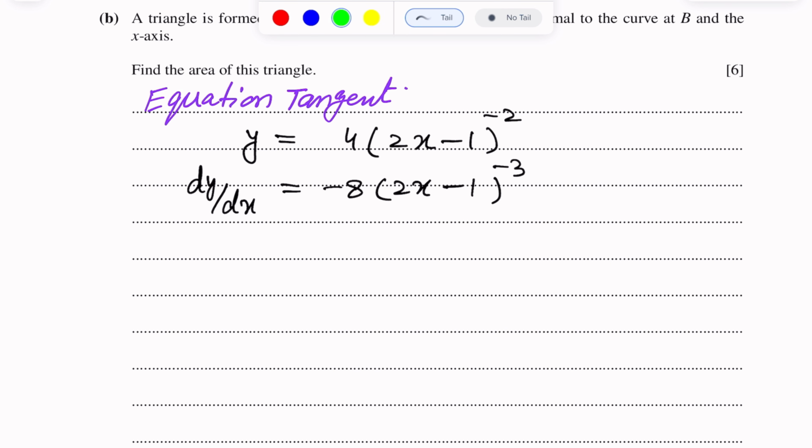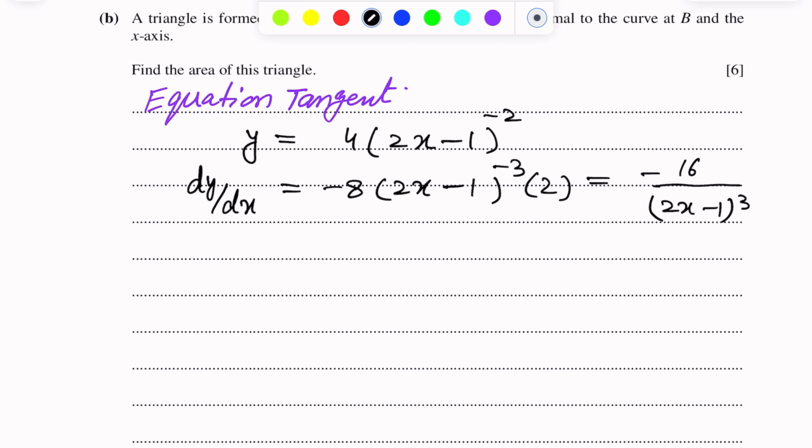Again we differentiate inside the bracket, that is 2, so we write here 2. So we get minus 16 over (2x minus 1) power 3.